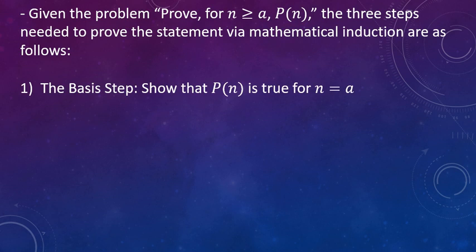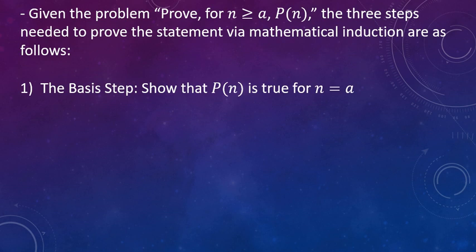These statements P of n are usually equations, something involving sums of numbers or certain numbers raised to certain powers are typically equal to some nice formulaic quantity. There are also cases where a quantity is greater than or equal to some other quantity, or something like that.